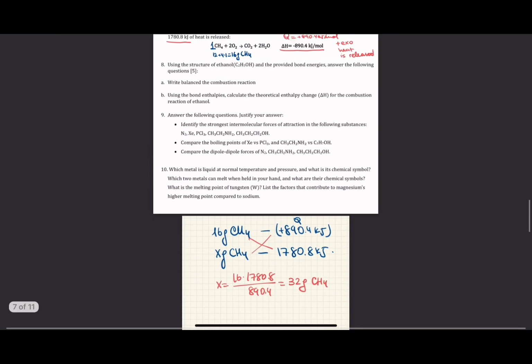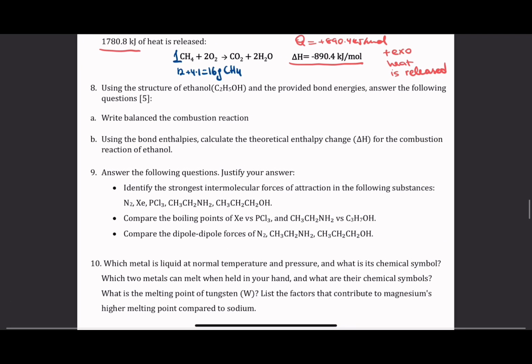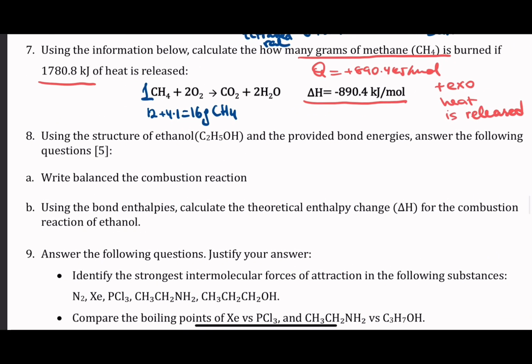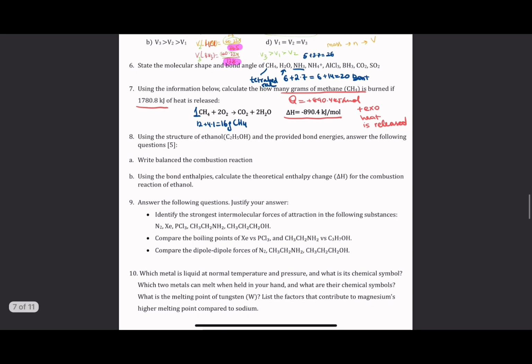That's exactly the answer. Now, in question 8, structure of ethanol and the provided bond energy, answer the following questions. Now, in your exam, you will be given the structures and you will be given the table of the bond energies. You will use those to answer this question.